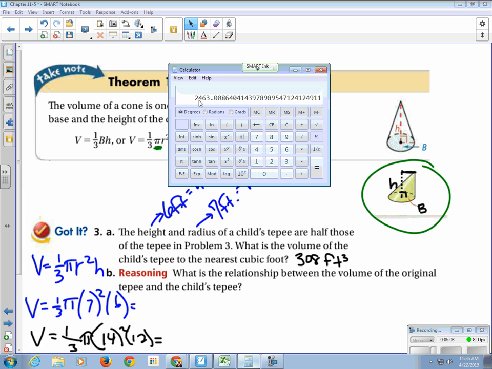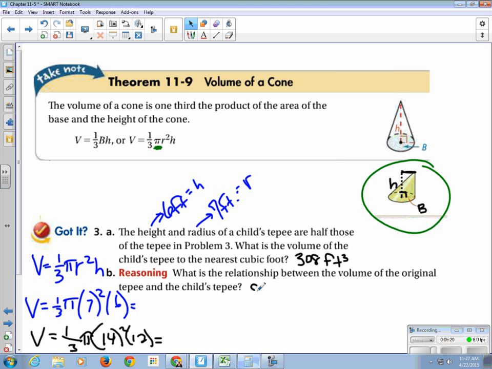So if I look, 2,463 compared to 308. I'm just going to divide it by 308. So you can see that it is 8 times the volume of the child TP.